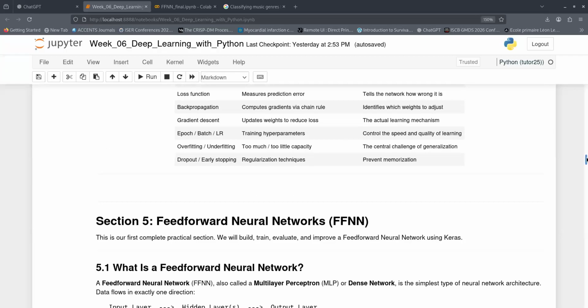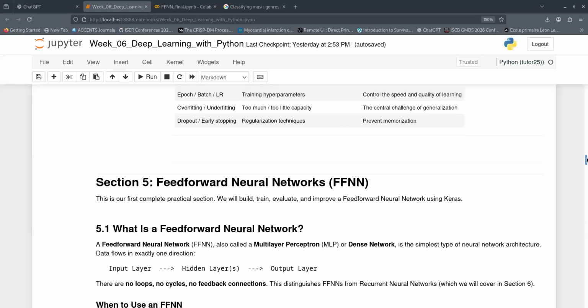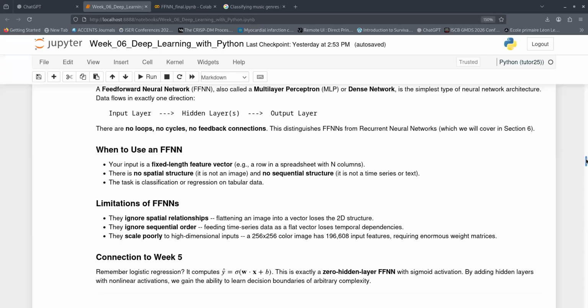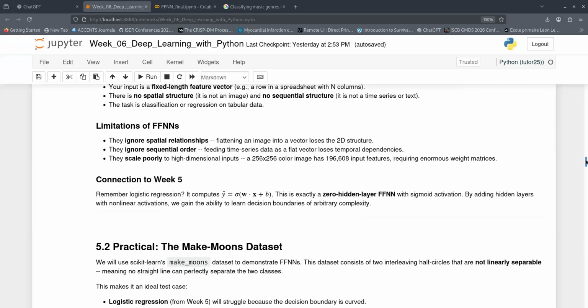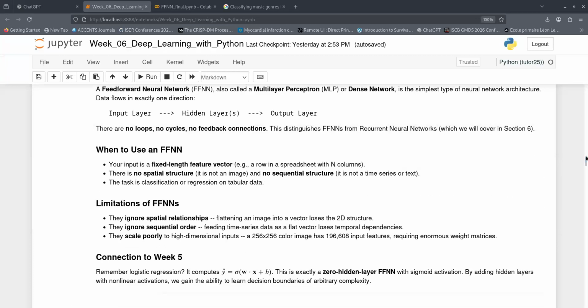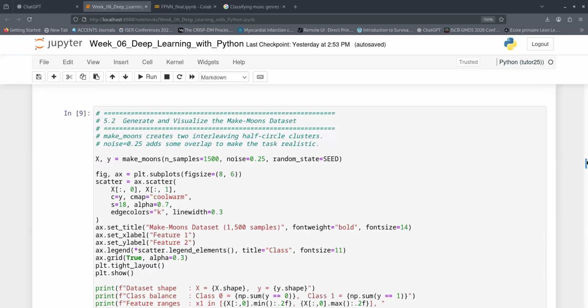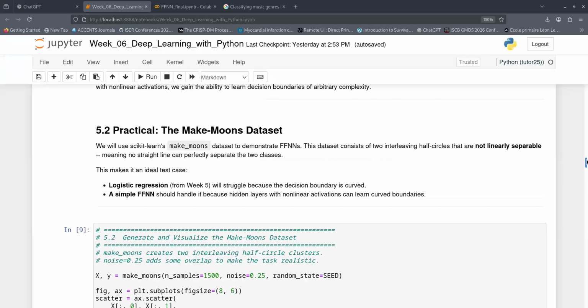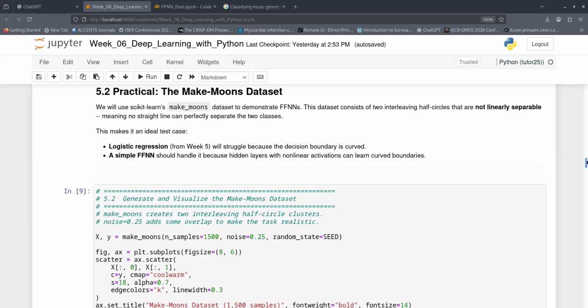The most important part is that you are going to be introduced to section 5, the feed-forward neural network itself, and see how it works properly. You are using the make moons dataset, which is a synthetic dataset, but in the exercise file I've used the Titanic dataset.